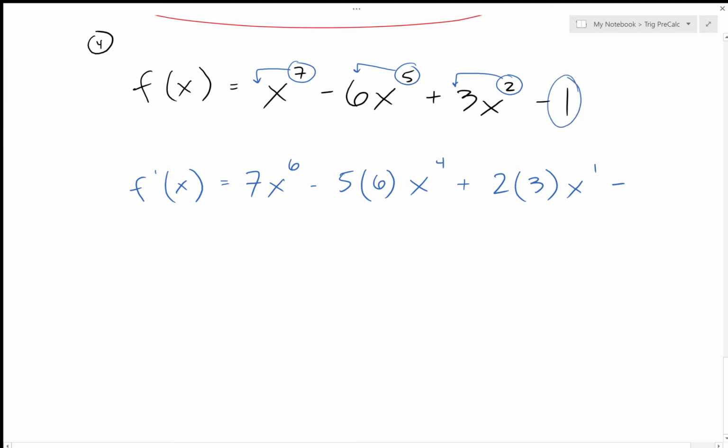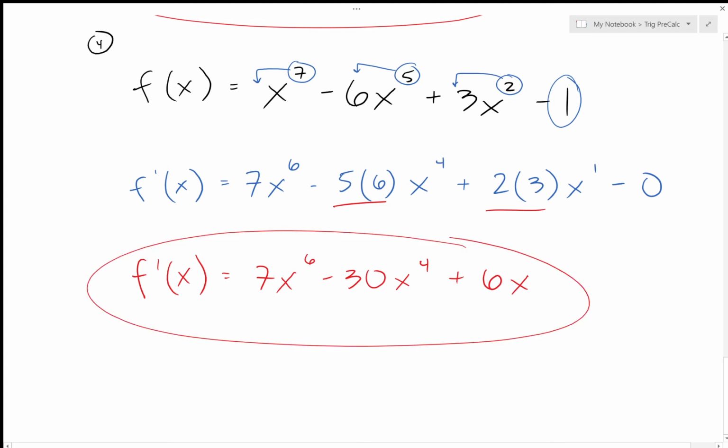If we take the derivative of a constant, it comes out to just a 0. So we can go ahead and clean this up in the next line. The cleaned up derivative, first term is 7x to the 6th. Next term, minus 30x to the 4th, plus 2 times 3 is 6, and it's just an x, and then minus 1 we don't need to write anymore. So there's the derivative.